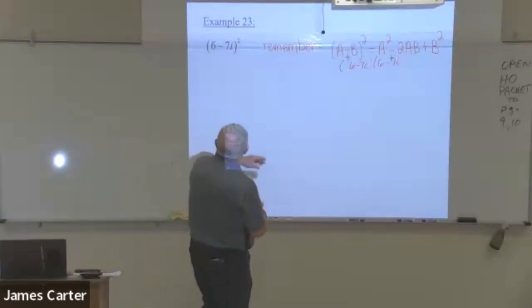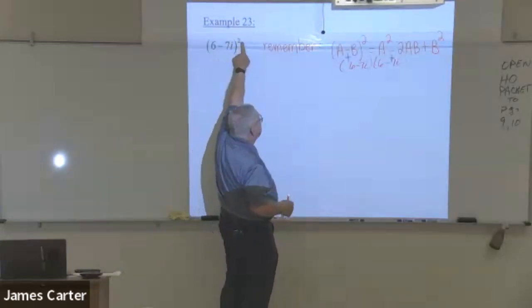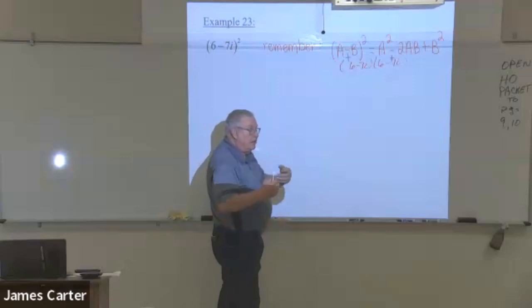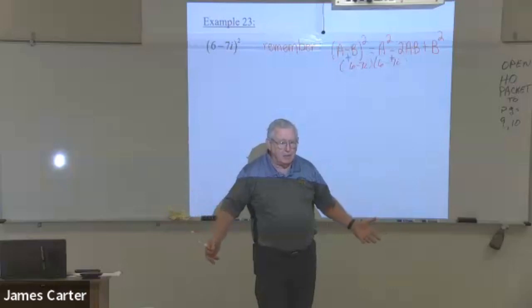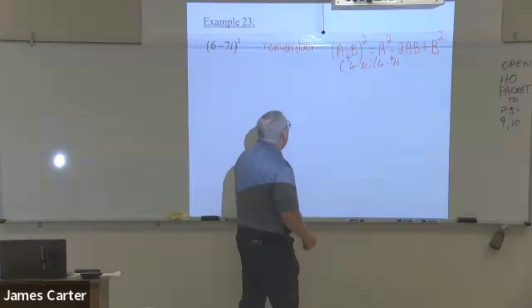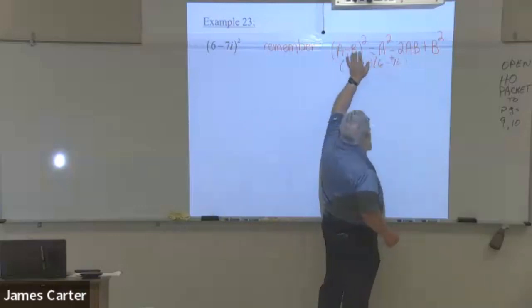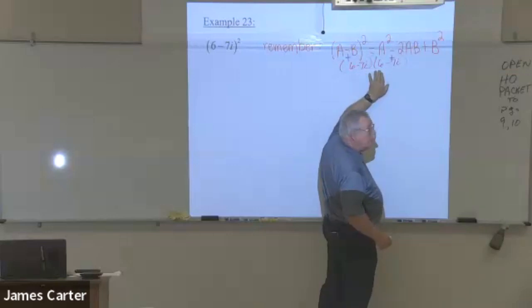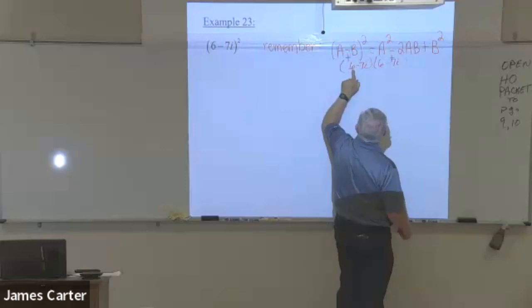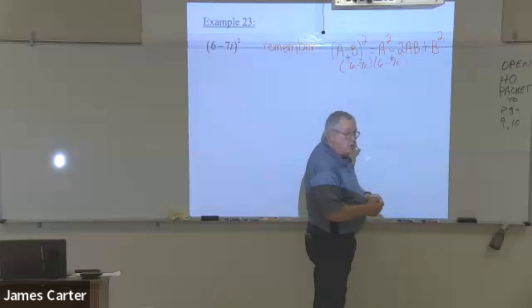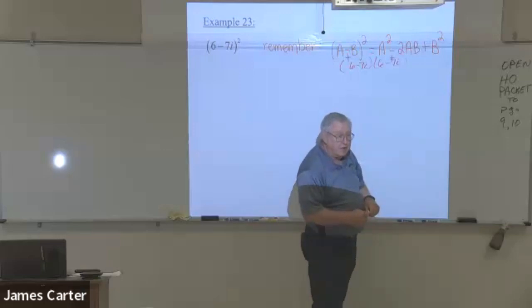Now, what that says is when you've got a binomial square, there is a rule that it will always come out a certain way. And that certain way is when you multiply it out, and I'm going to prove it in a few moments, you're going to get whatever the first term is, in this case 6, squared, or in other words, 36.